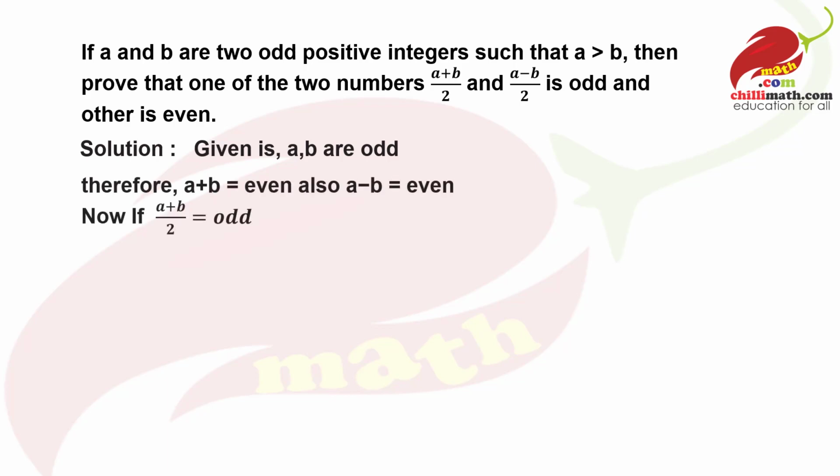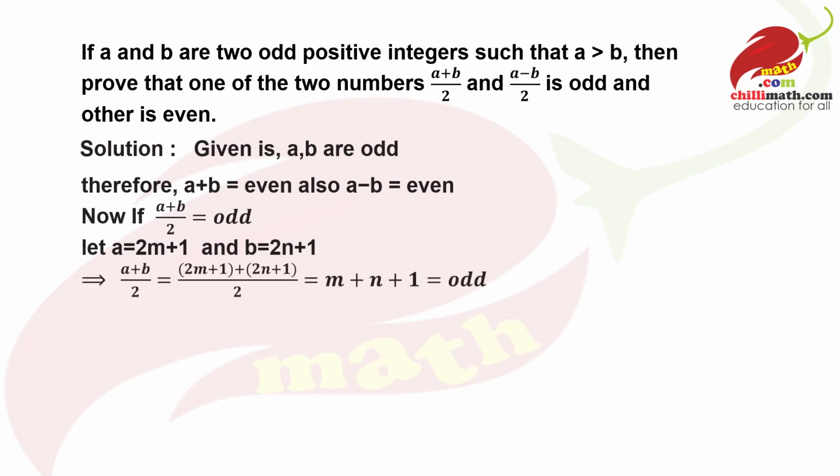Now if a plus b divided by 2 is odd, let a equals 2m plus 1 and b equals 2n plus 1. It implies a plus b divided by 2 is equal to (2m plus 1 plus 2n plus 1) divided by 2, equals m plus n plus 1 equals odd. So, m and n are one even and one odd, such that m plus n is even.